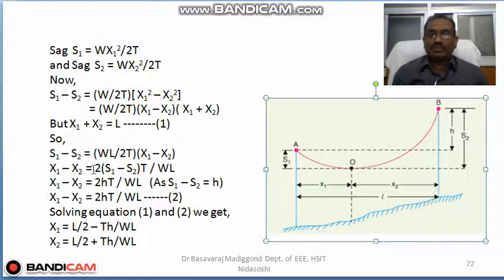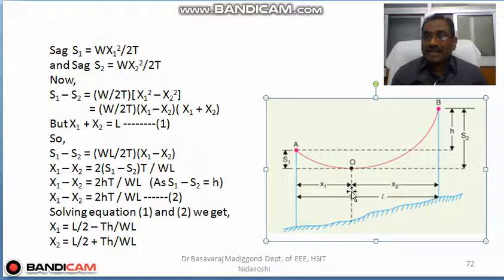So x1 minus x2 is equal to 2 into S1 minus S2 into T divided by W into L. What is S1 minus S2?